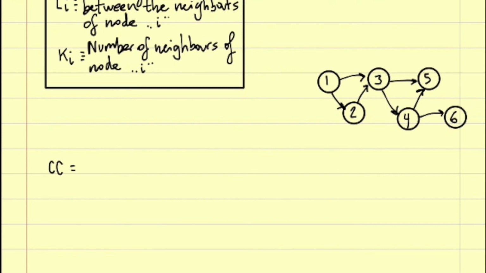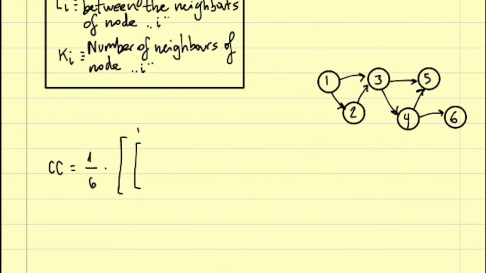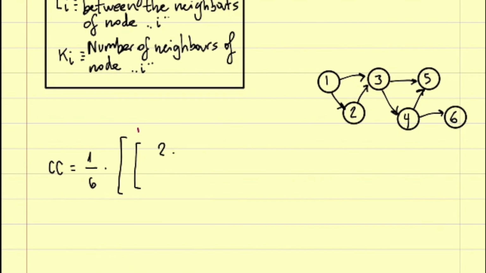So it's just 1 divided by 6, times... Now for node 1, I will paint it a little red here. For node 1, the formula says 2 times L1, the number of relationships between the neighbors of node 1.